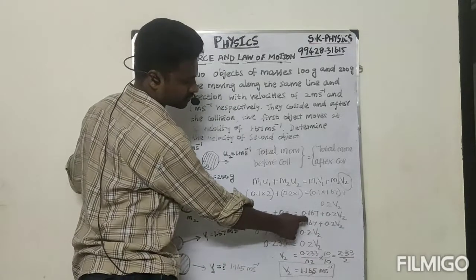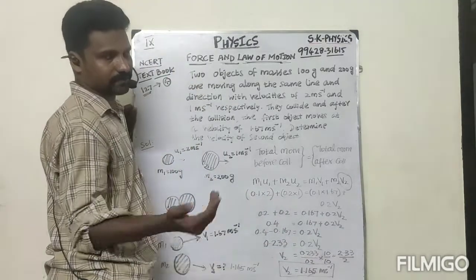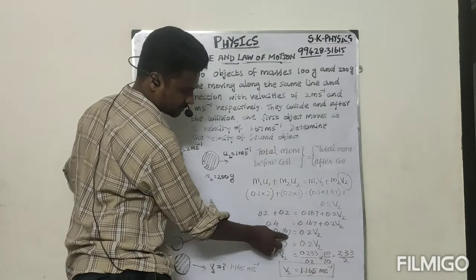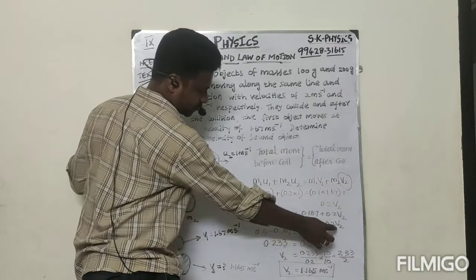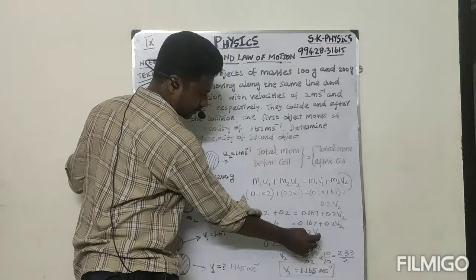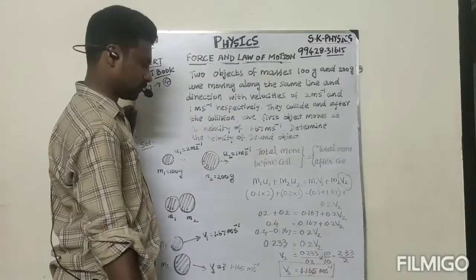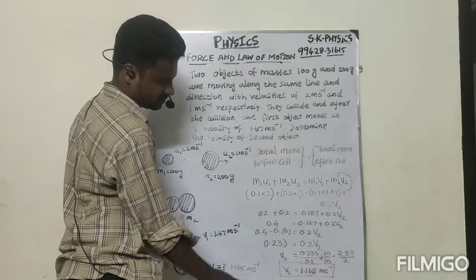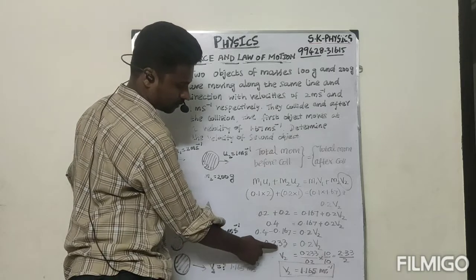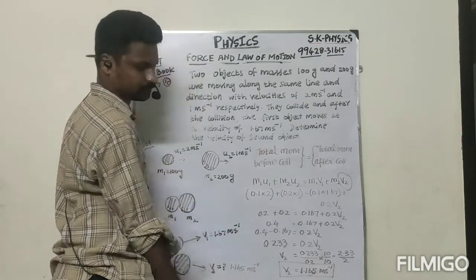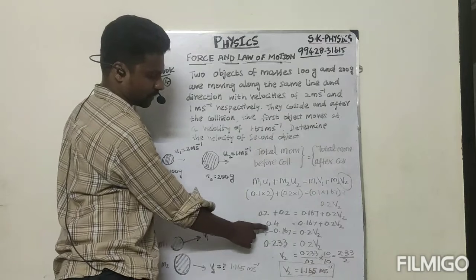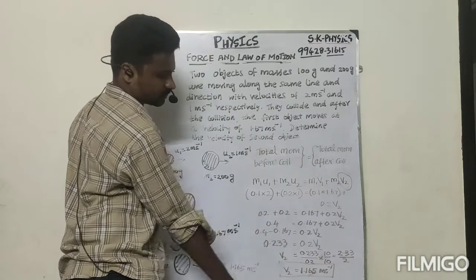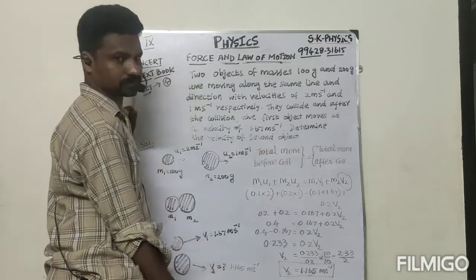Next, this 0.167 moving to the left side becomes a minus sign. So 0.4 minus 0.167 equals the remaining term on the right side, 0.2 v2. Now we subtract 0.4 minus 0.167, that is equal to 0.233, equal to 0.2 v2.